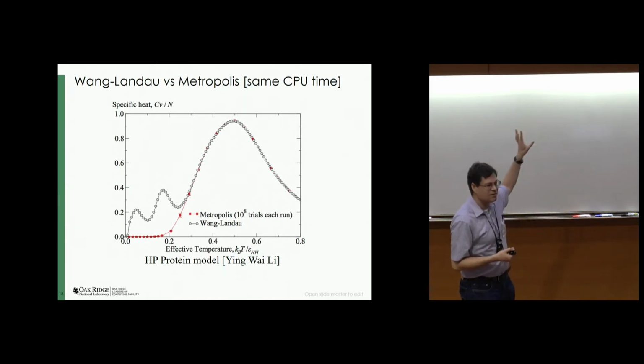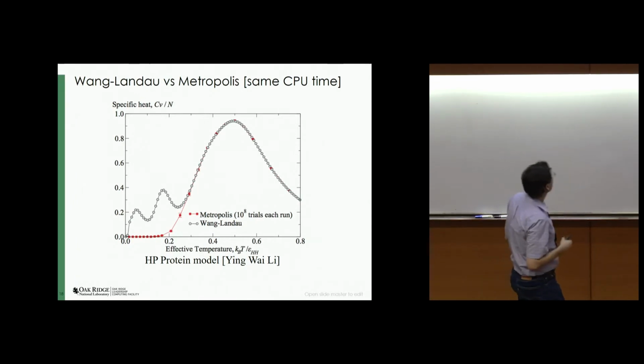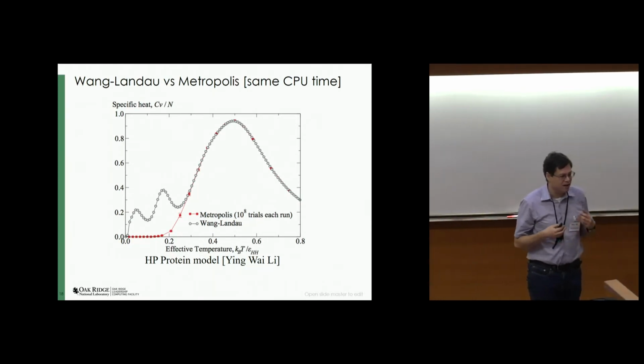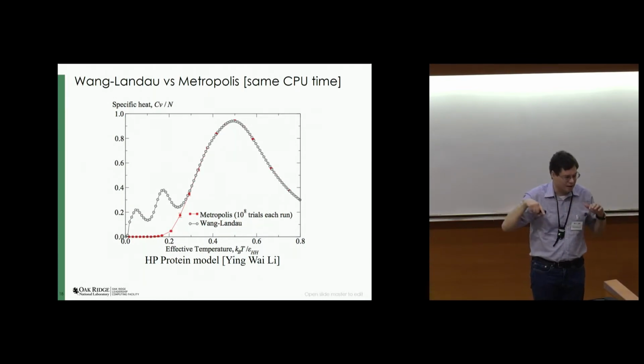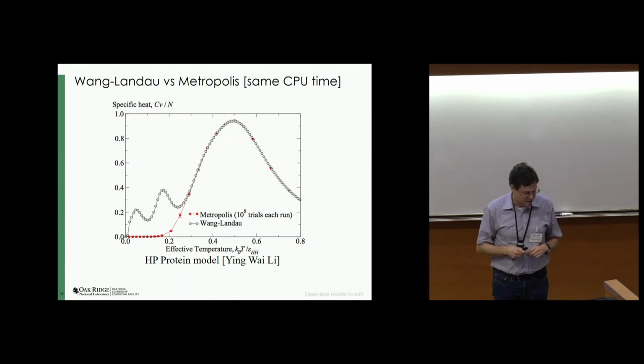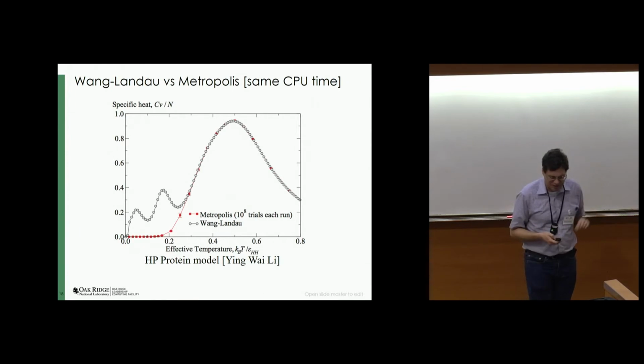Ultimately, the Metropolis method will also find the low temperature structure, but because of the difficulty in sampling the energy landscape at low temperatures, it will require significantly more computational resources to get there.